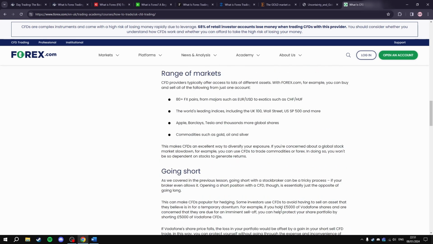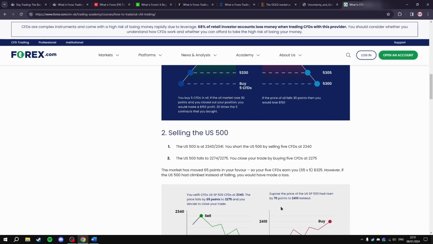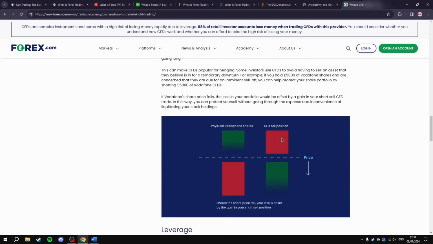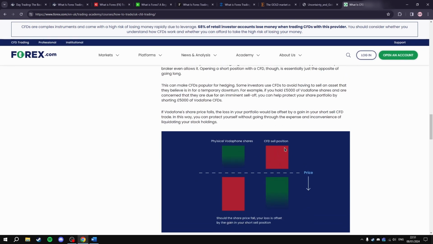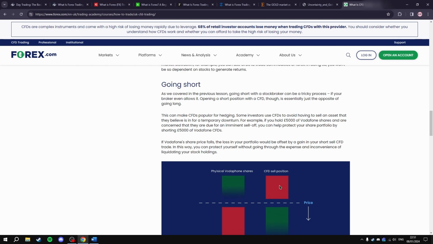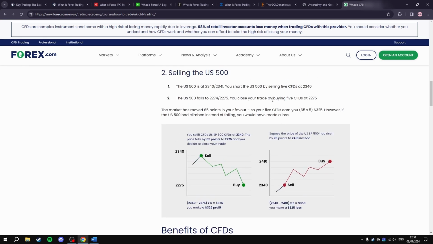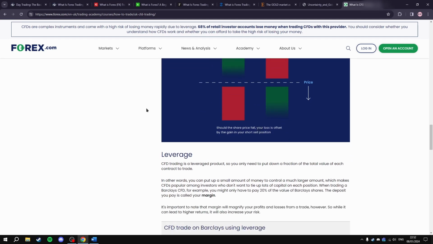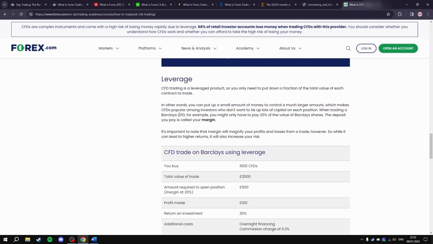So if you sell the £5,000 worth of the shares, then if it does fall in price, you can always buy it back at the cheaper price. I think that's what it's trying to say.